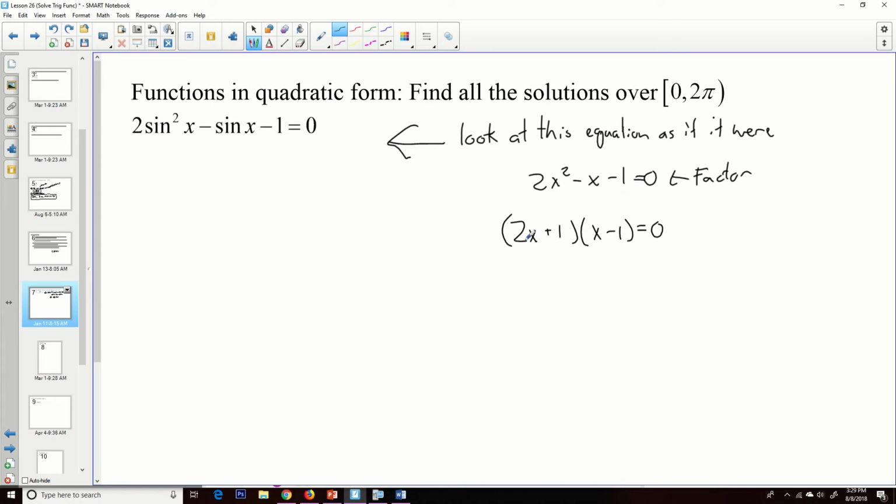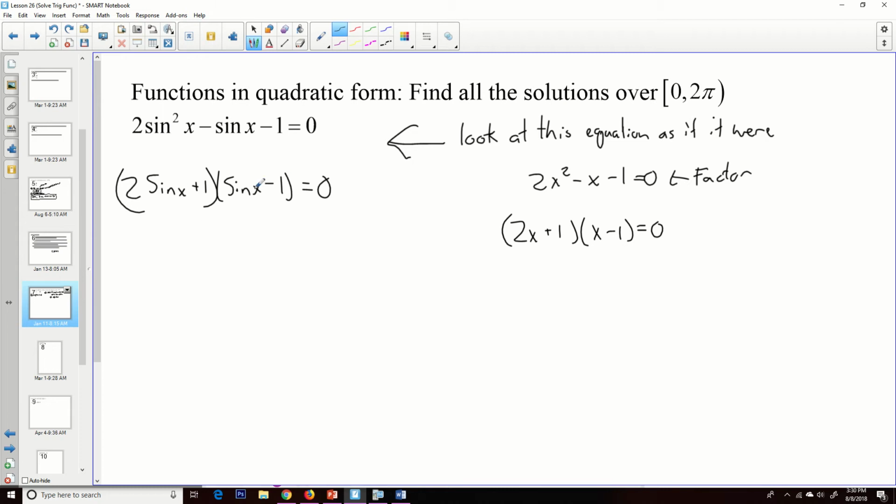And so if I use that instead of just x, I have sine x. We can rewrite this one as 2 sine x plus 1, and then sine x minus 1, set it equal to 0. Now, we only have to find the solutions over 0 to 2 pi, so that makes it a little bit easier.